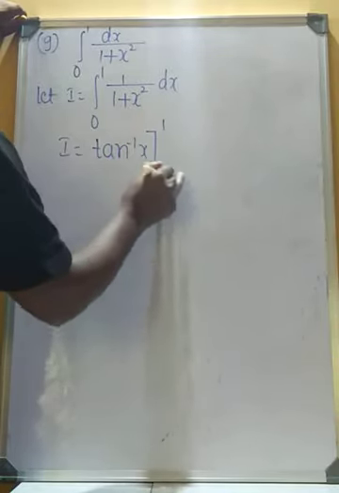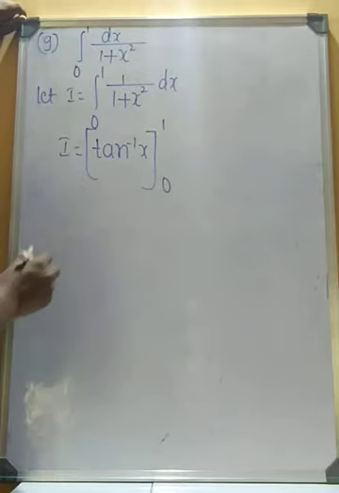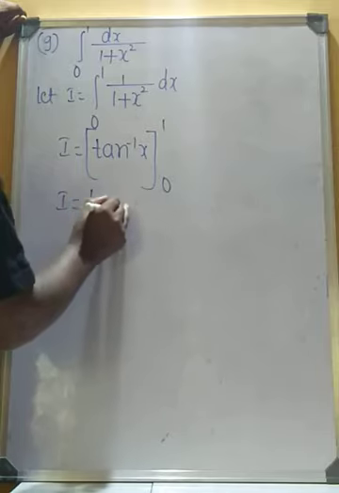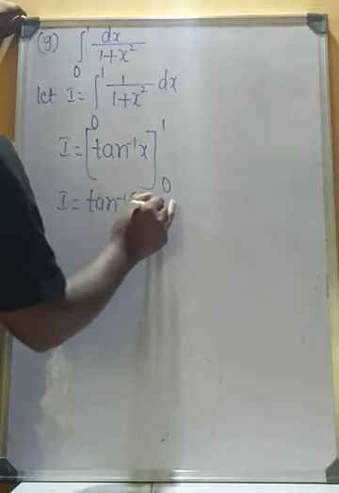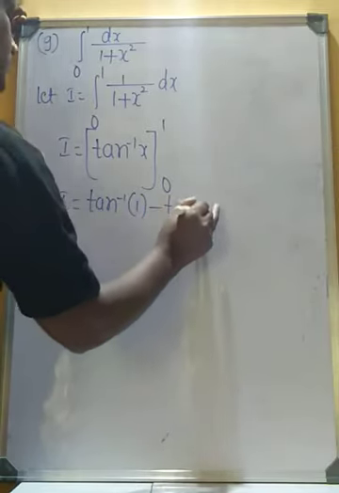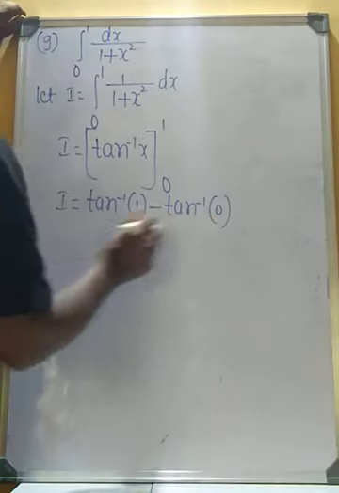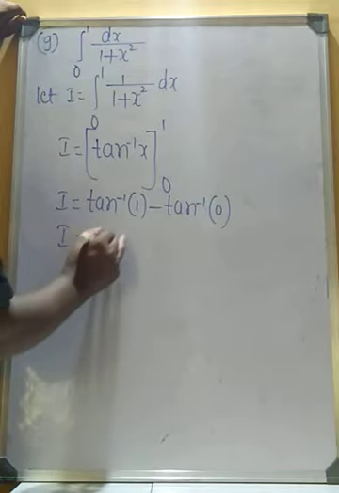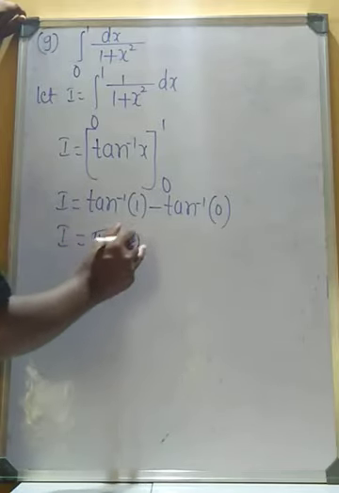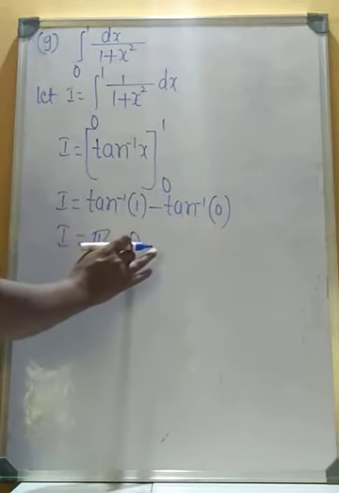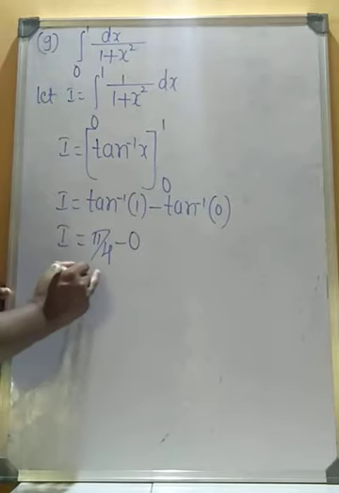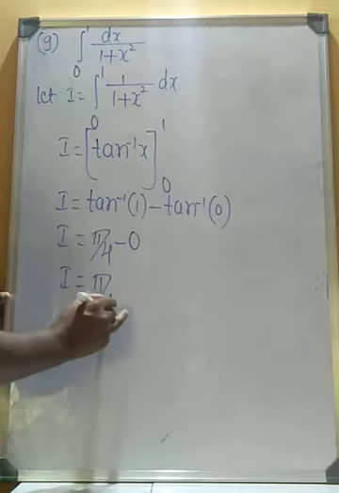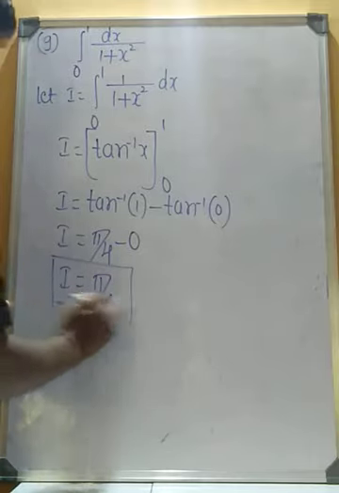Upper limit 1, lower limit is 0. Therefore, I is equal to tan inverse of 1 minus tan inverse of 0. Therefore, I is equal to tan inverse 1, pi by 4, minus tan inverse 0 is 0. Therefore, I equal to pi by 4 minus 0 is pi by 4.